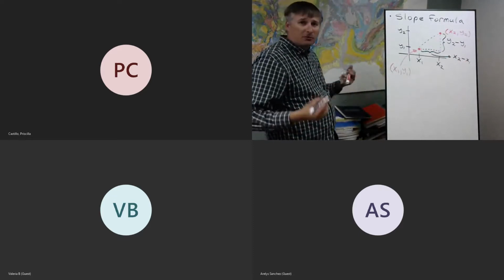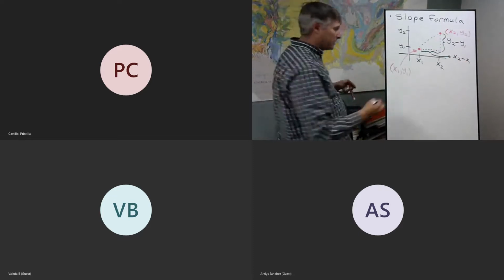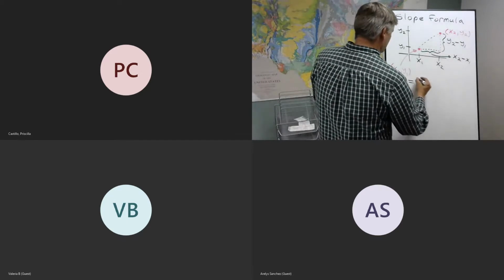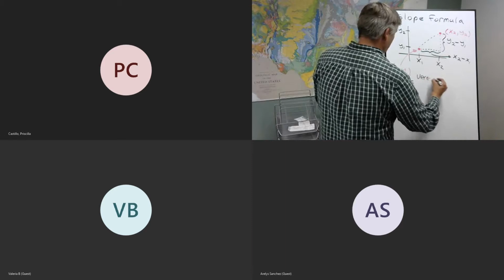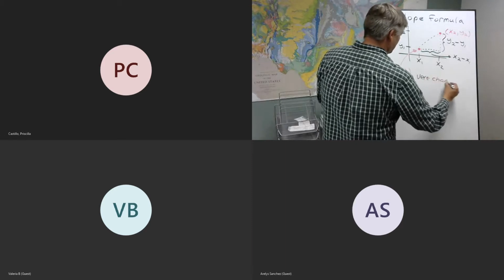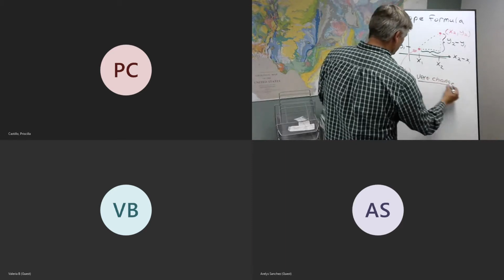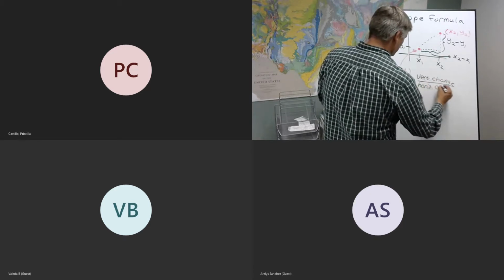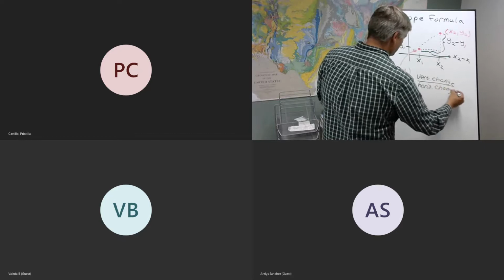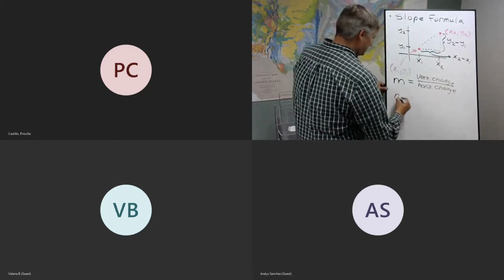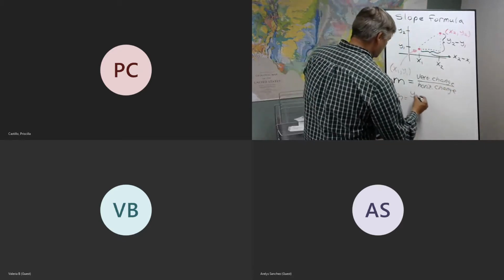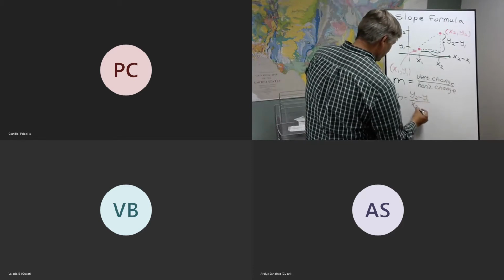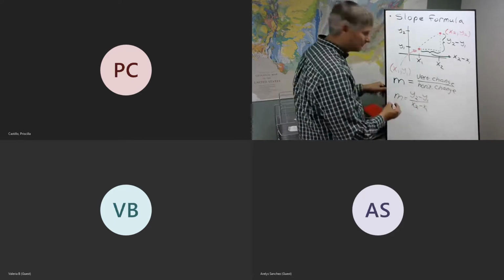So if we take the ratio of vertical change to horizontal change, what we'll get is m is y2 minus y1 over x2 minus x1.